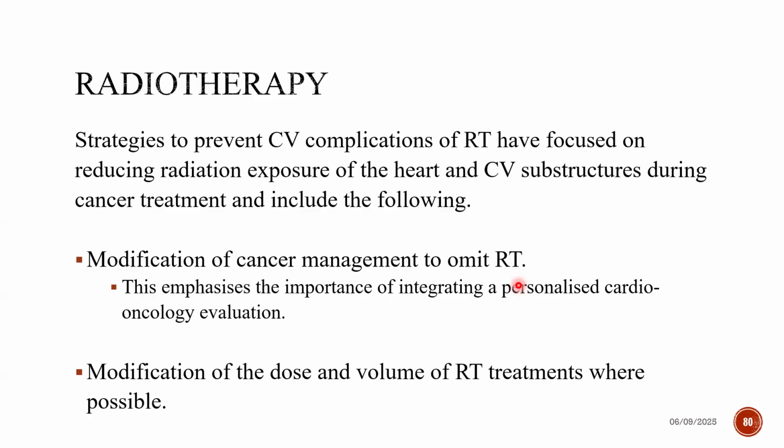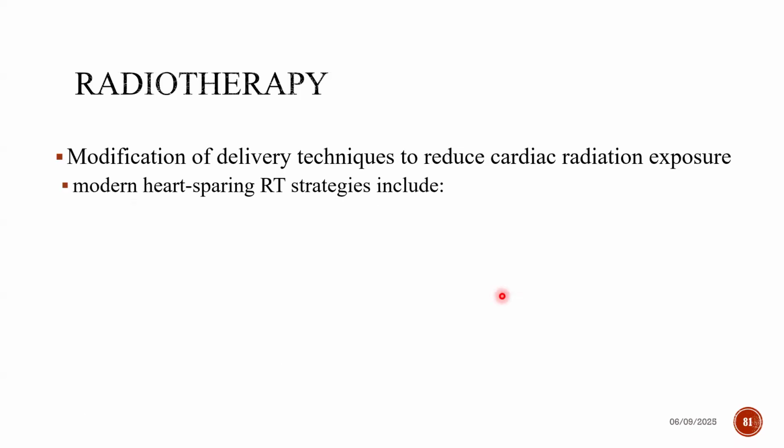And this includes the following. One is the modification of cancer management to omit radiotherapy completely where it is possible. Also modification of the dose and volume of radiotherapy treatments where that is also possible. And the other way to reduce these effects is modification of delivery technique to reduce cardiac radiation exposure.